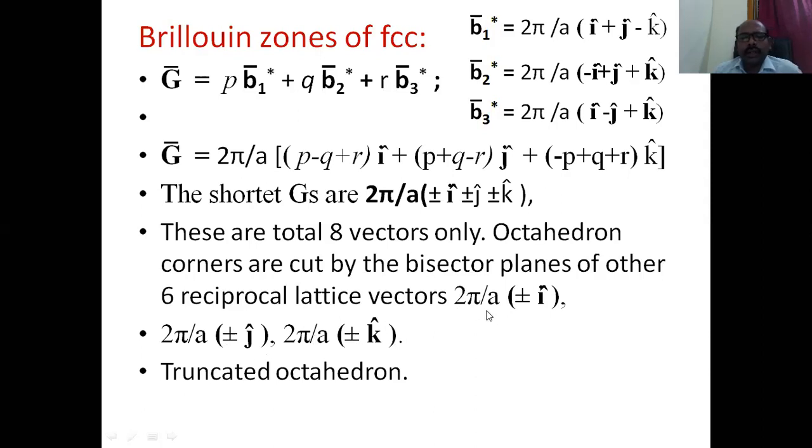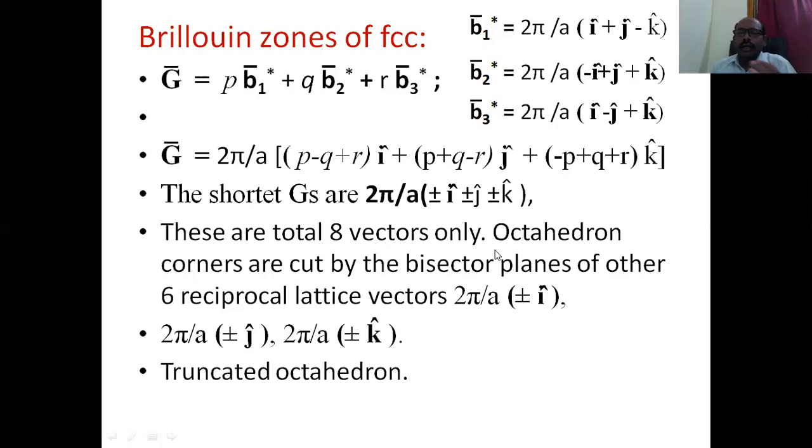These are also reciprocal vectors, as the addition of any two basis vectors gives these quantities. The planes drawn at the middle of these vectors cut the corners of the octahedron.